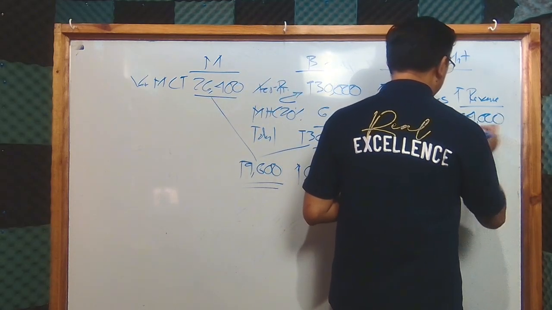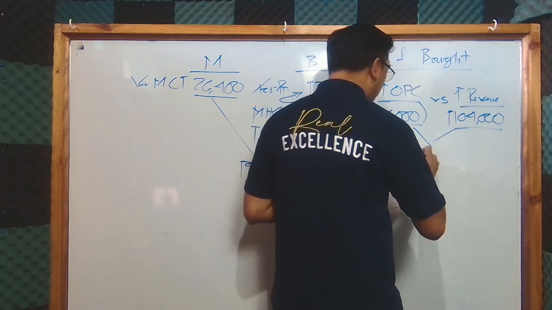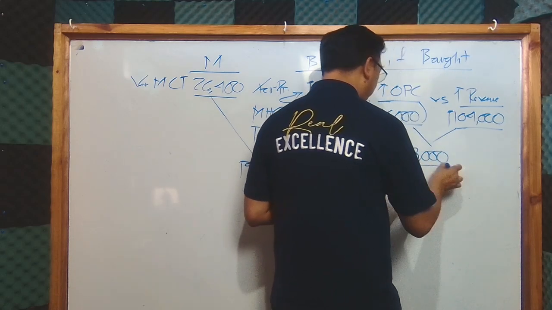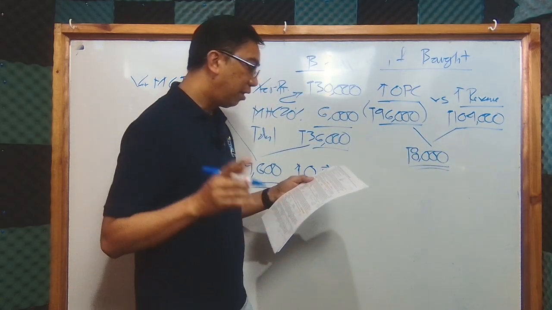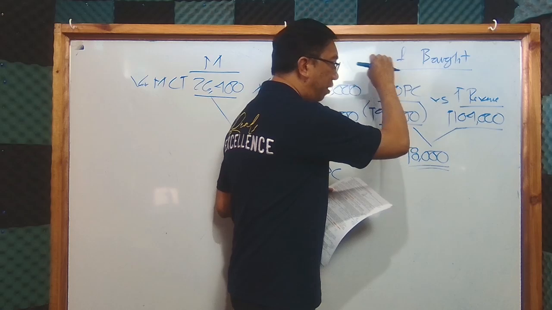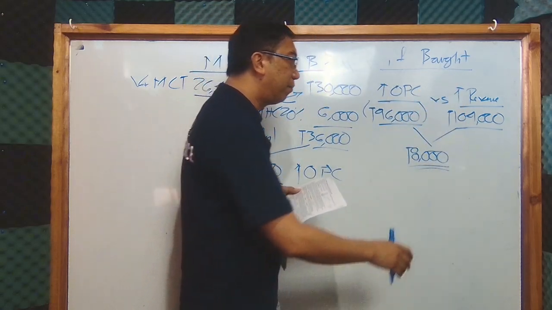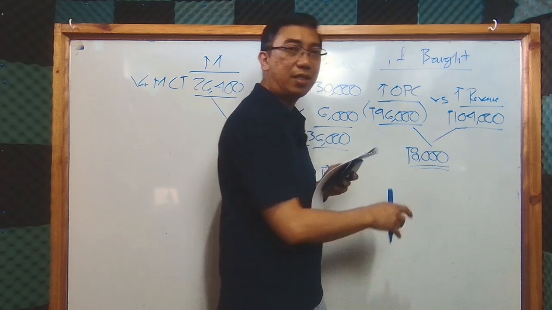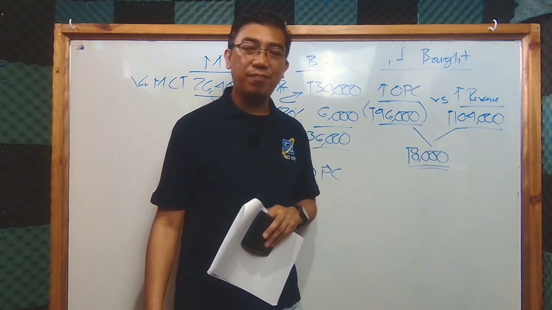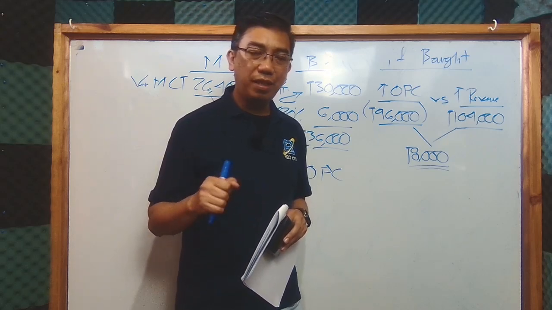O, di ba class? Ano sana mas maganda? There would have been a net benefit of how much? There would have been a net benefit of 8,000. If what class? If the company decided to buy or the component was bought, there should have been additional income of 8,000. Additional profits of 8,000. Problem is, the company decided to continue making.